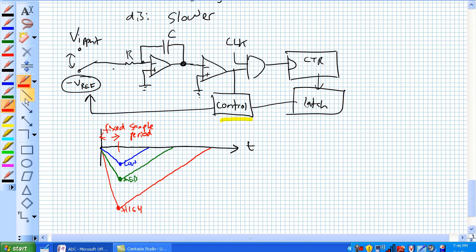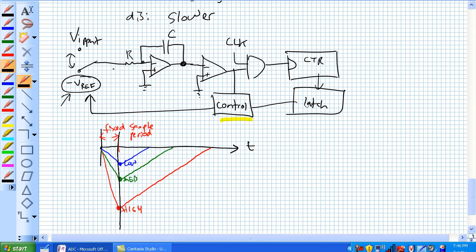See how the slopes on that first portion were a lot steeper for the higher voltage and more shallow for the low voltage? But during this period, it's a very constant slope because we're using that same negative VREF, whatever it may be.